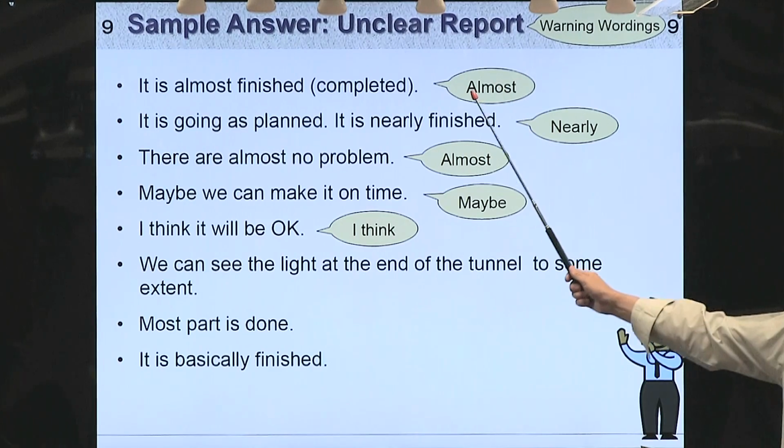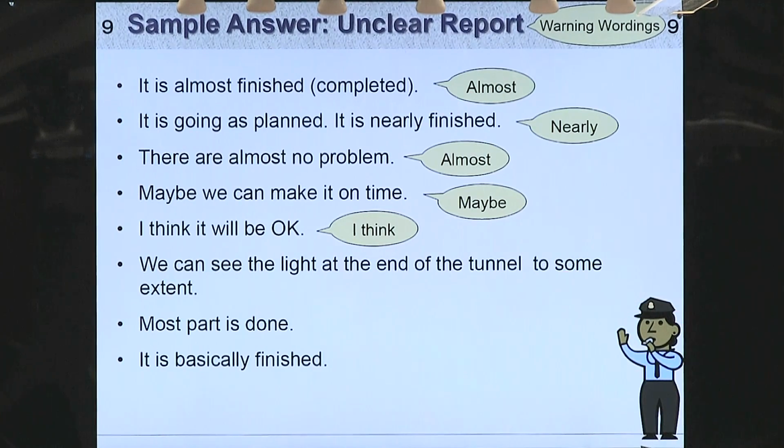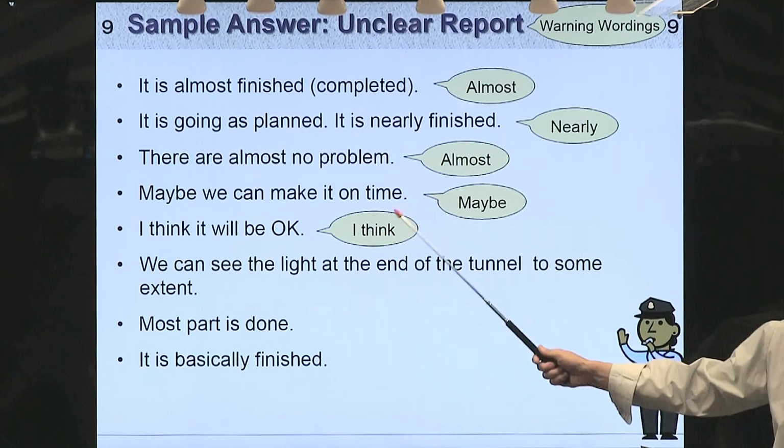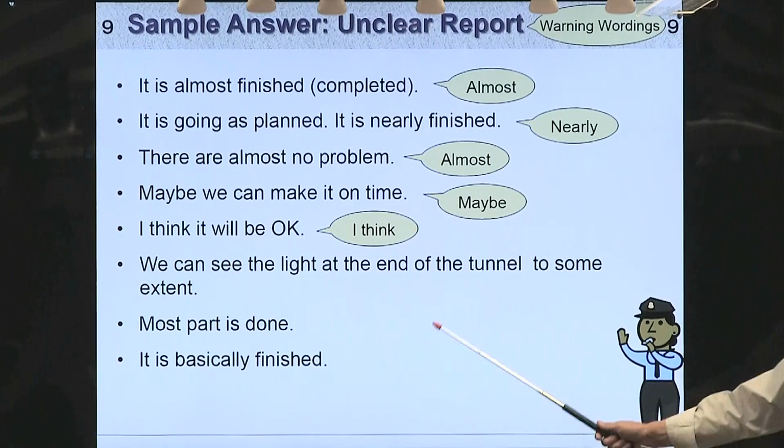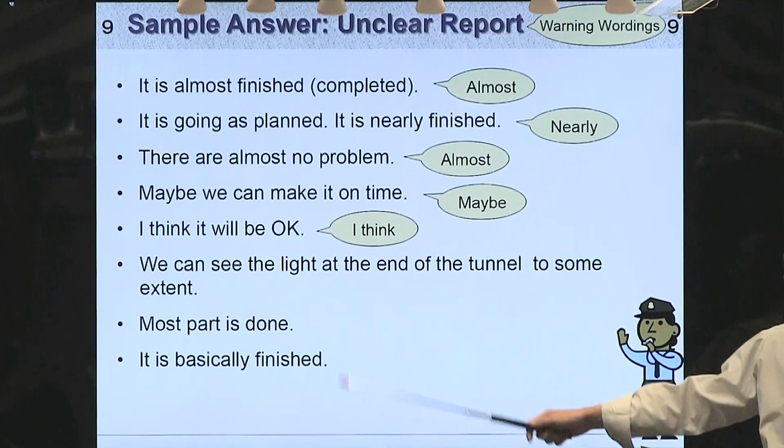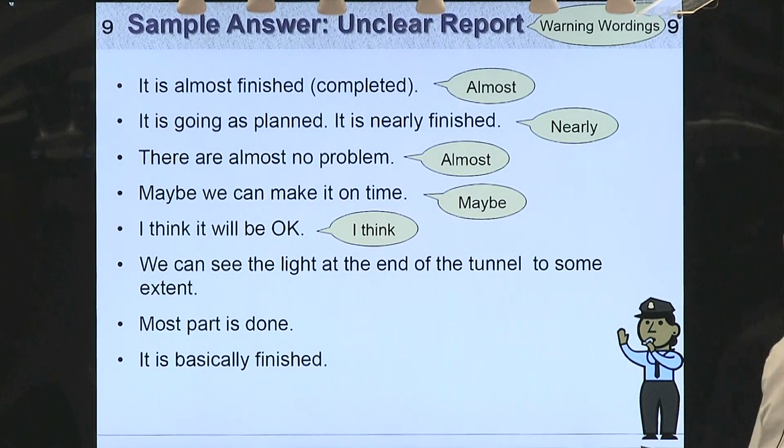We skip the number 9 mini exercise, but when you ask project team members, "How is your project?" you can guess the answer: almost finished, nearly finished, almost no problem. Maybe, I think, but another person may not think so.